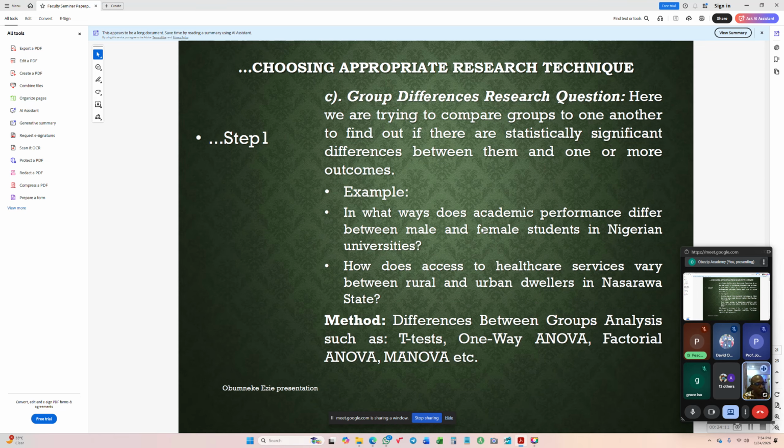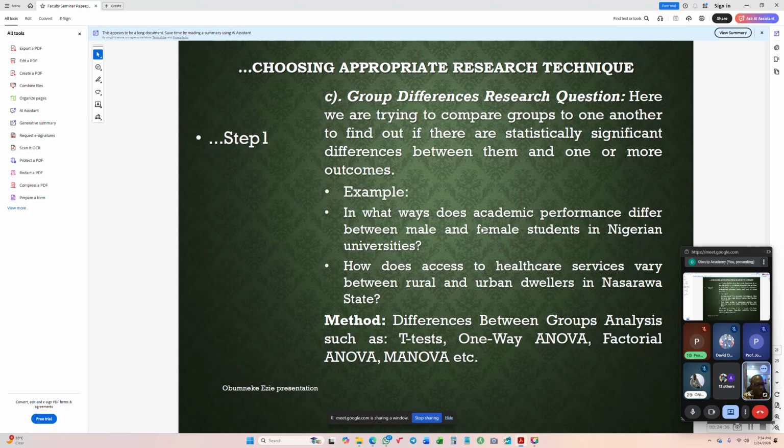Now, the third kind of research question that any researcher may raise is what we call group differences research questions. Here we are trying to compare groups to one another to find out if there are statistically significant differences between them on one or more outcomes.